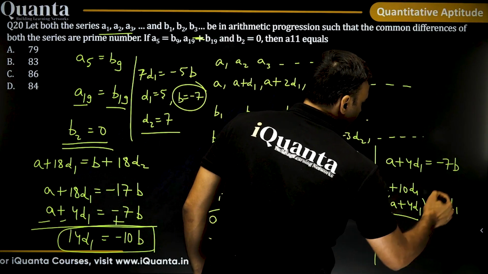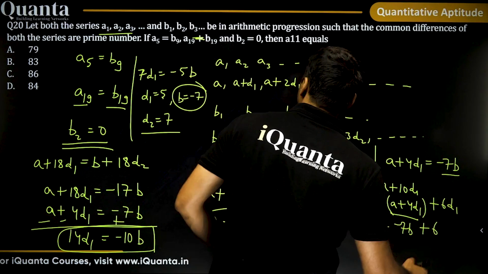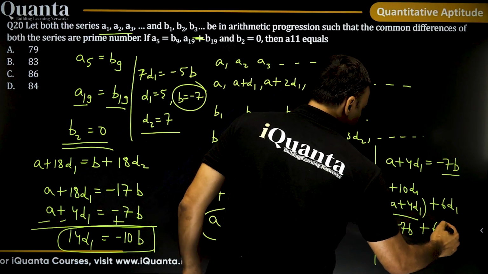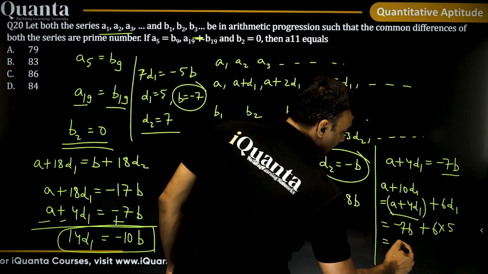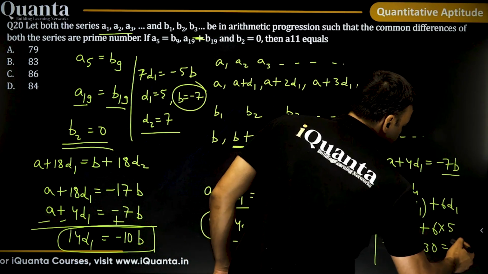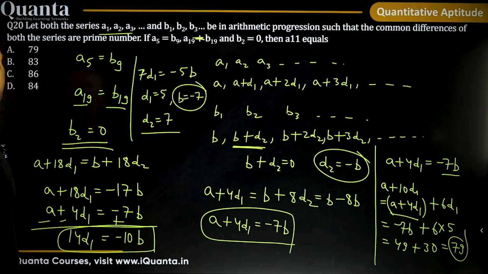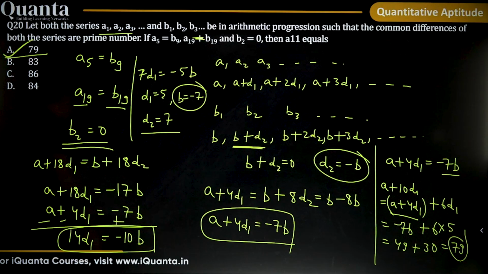Now A plus 4D1 is minus 7B, plus 6 into D1, which is 5. Also B is minus 7. So minus 7 into minus 7, that is 49, plus 30, that is 79. Check the options. If it is there, option A, 79, is the correct answer, right?